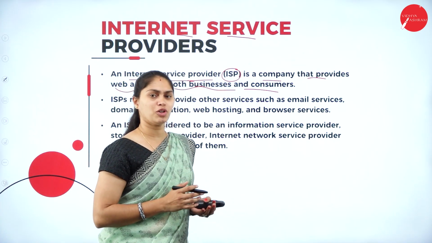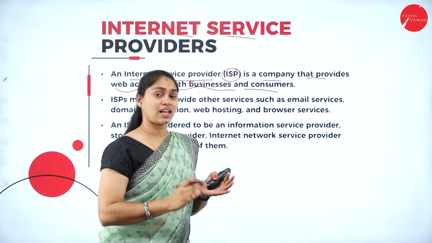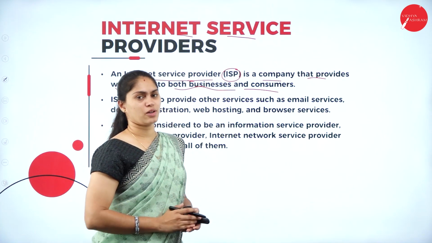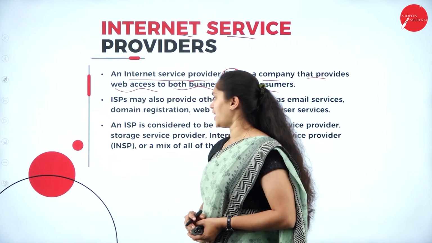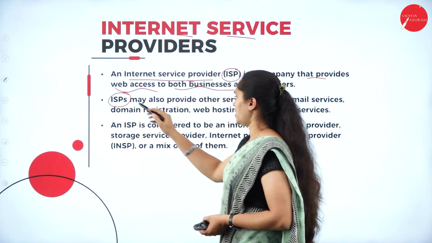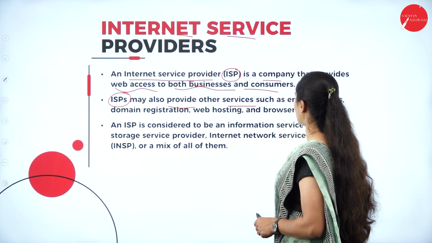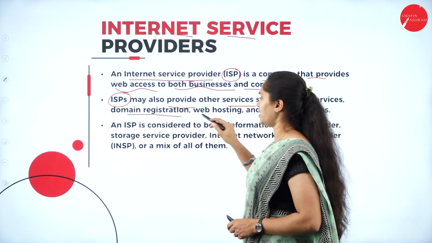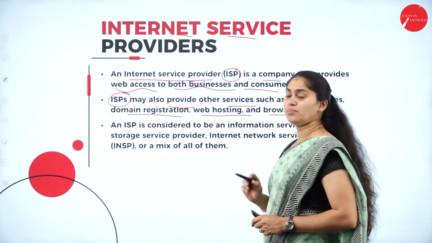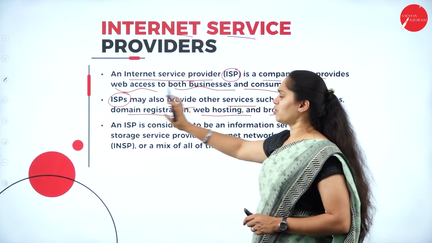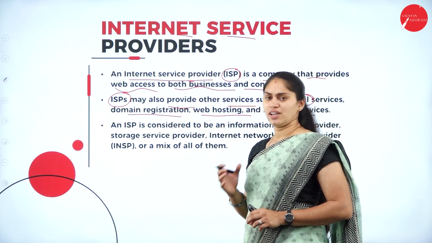So that web is going to have a collection of data or a collection of files, and each file is going to have a number of data. ISPs may also provide other services like email services, domain registration, web hosting and browser services. It is not only providing access to the web.